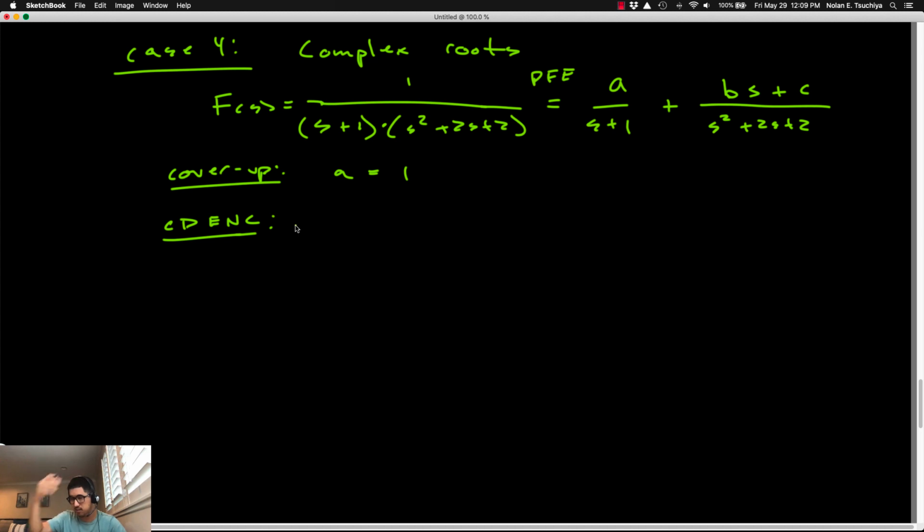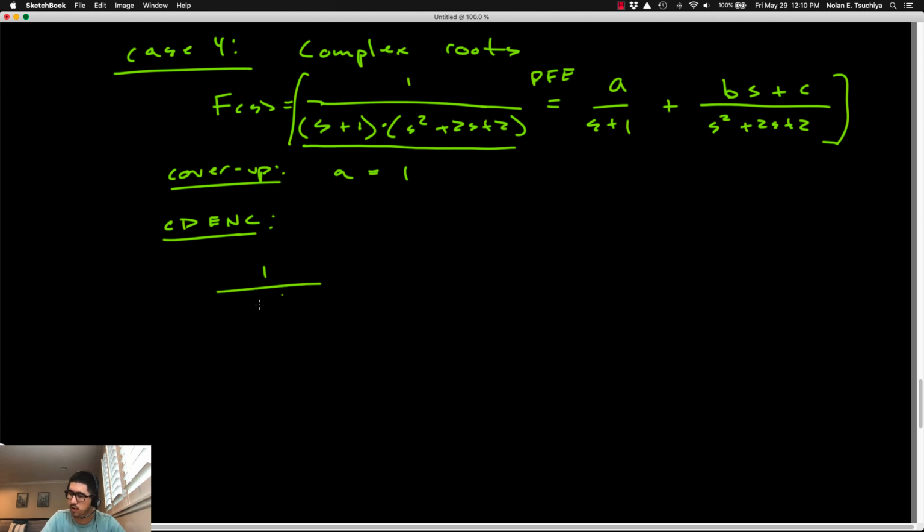And in this case, it's actually not that tricky. The case 3 example was way more tedious. That's probably the most tedious thing that I'll ever give you. But if you notice, we want to use the common denominator on this example. This is our common denominator here. To get that common denominator on the A term, I'd have to multiply top and bottom by the quadratic.